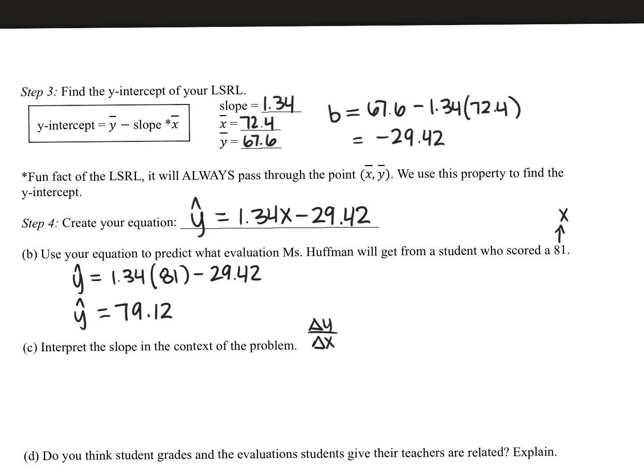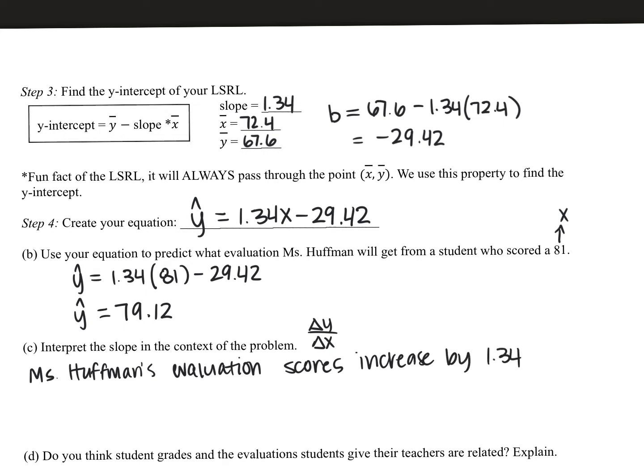So a slope of 1.34 tells us that Ms. Huffman's evaluation scores increase by 1.34 for every increase of 1 in a student's grade.